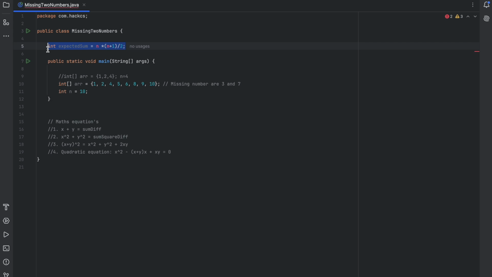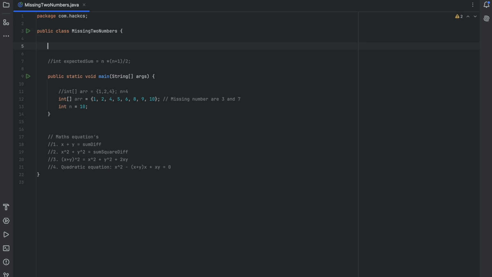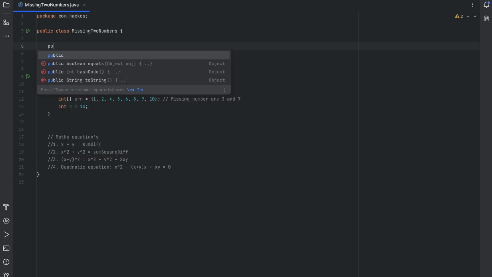We cannot write Java code like this. So we need to create our method, and then write this logic in our method. So what will our method be?